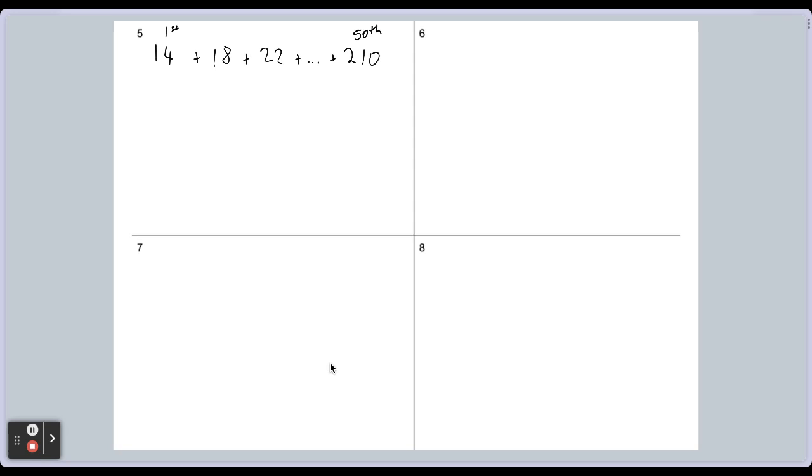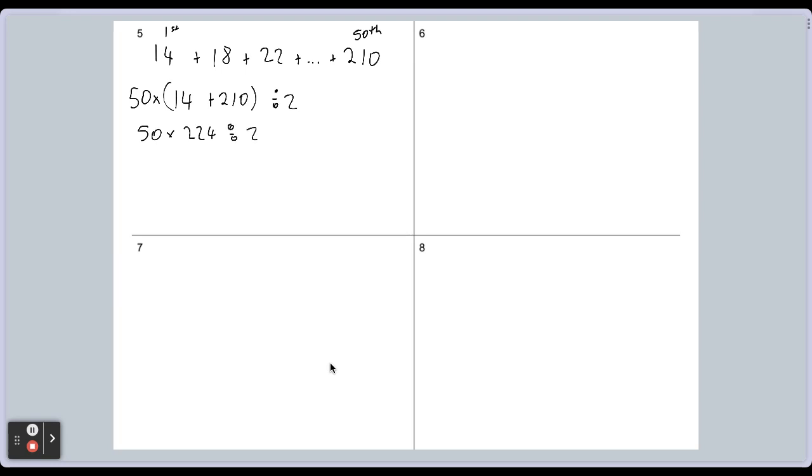Yeah, so we can say that the sum is going to be 14 plus 210, multiplied by 50, because there were 50 numbers, divided by 2. Okay, so that will give me 50 multiplied by 224 divided by 2.